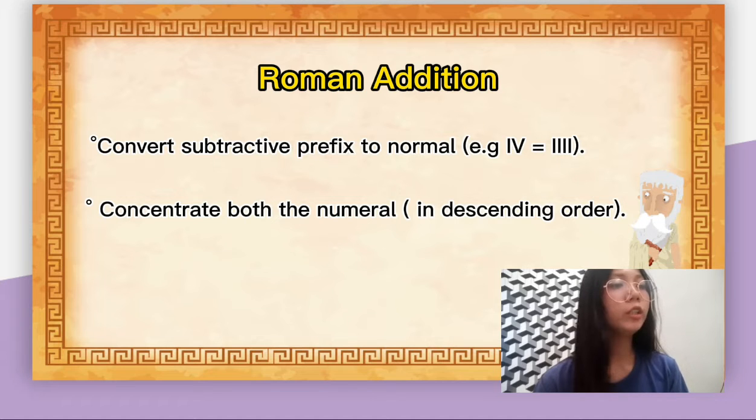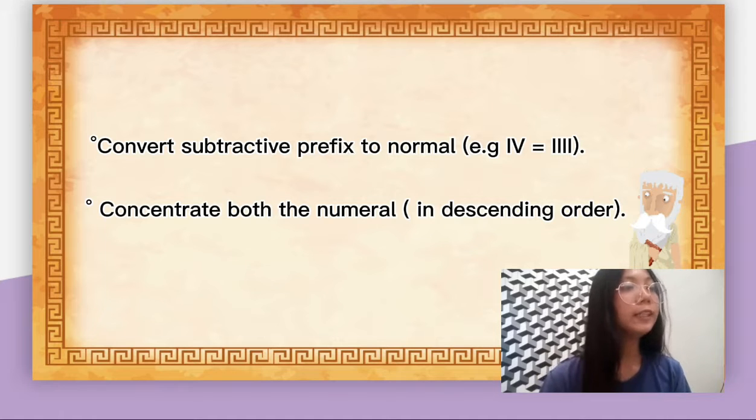In addition, you are going to add the same letters. So at first we have 3X and then 7X in the second one, so you are going to write 10X.